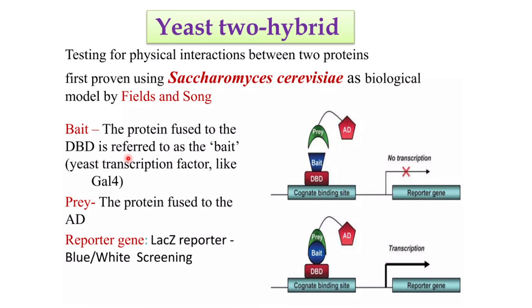The DNA binding domain will sit on the cognate binding site, and it activates when the bait catches the prey. When the prey comes into close interaction with the bait, that is, when the bait and the prey interact, then the reporter gene is expressed.